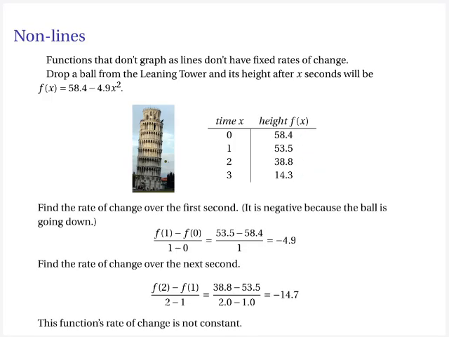For example, here I calculated between time 1 and time 0. It's not a very interesting calculation, it comes out to minus 4.9. Here I calculated between time 2 and time 1, and it's minus 14.7, but most importantly, it isn't 4.9. So it's not equal to negative 4.9 is the main point here. So a non-line function's rate of change is not constant. What characterizes a line is that it has a constant rate of change, and we want to be able to work with non-lines.